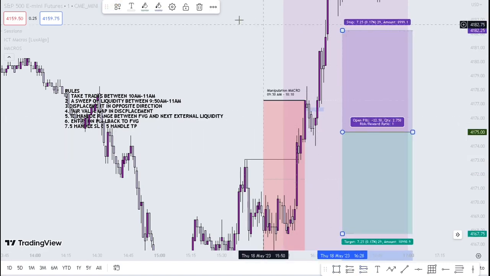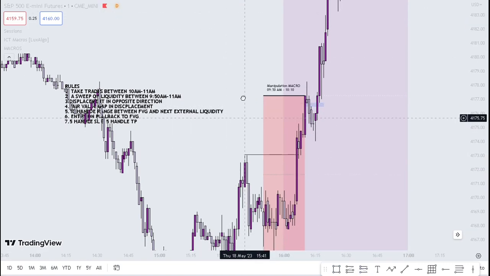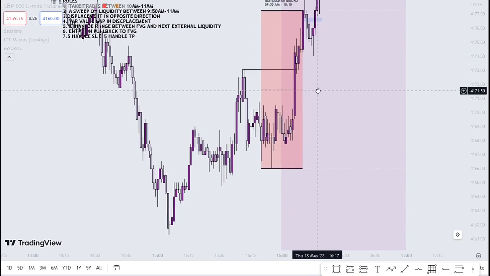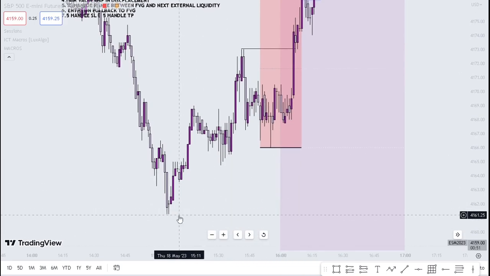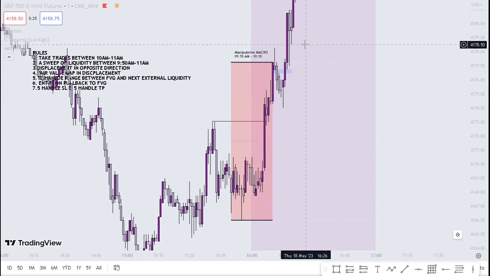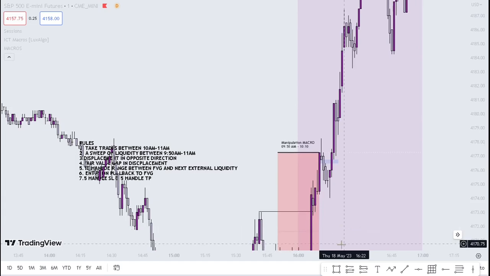Then we check to see if we have a 10 handle range going down. And in this scenario, from our fair value gap to the external liquidity is much more than a 10 handle range. So this would have been a valid example. So we take our entry over there, 5 handle stop loss, 5 handle take profit.